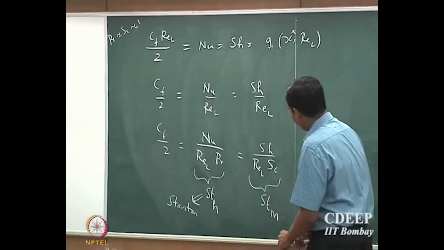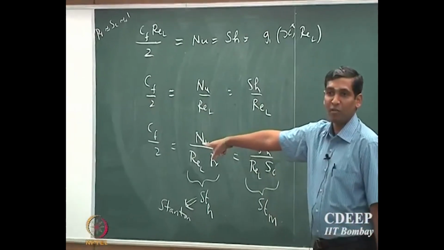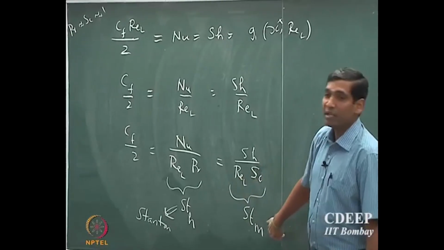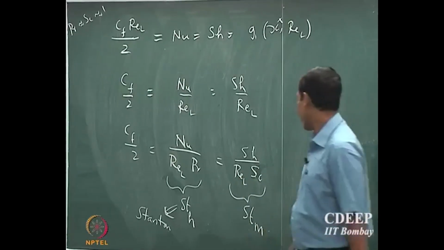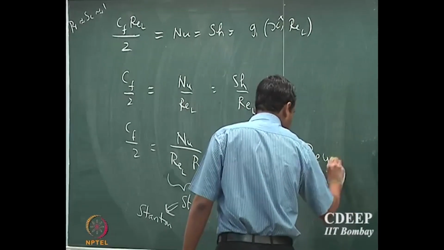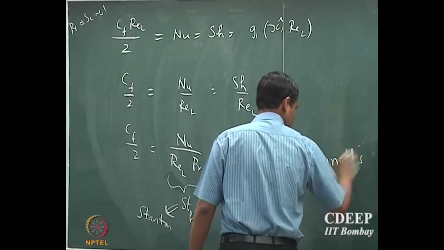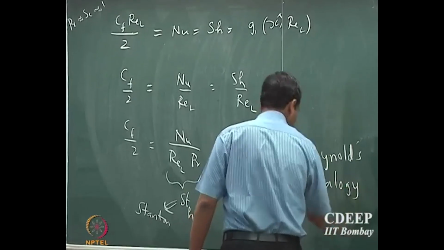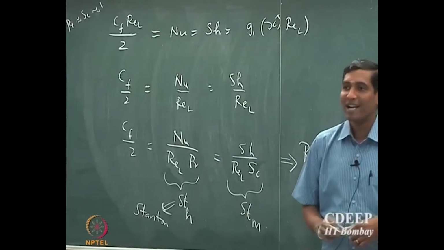So, this relationship that Cf by 2, the friction coefficient, equals the heat transport Stanton number equals the mass transport Stanton number, is what is called the Reynolds analogy, or the Reynolds boundary layer analogy.